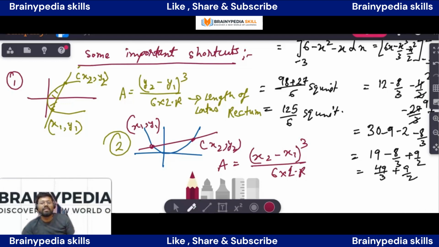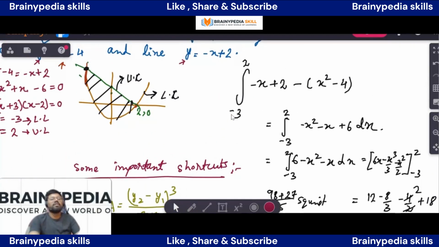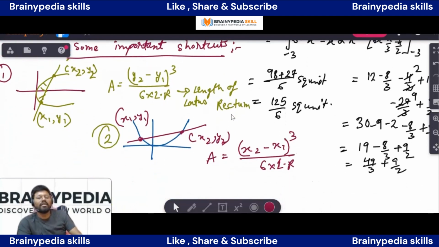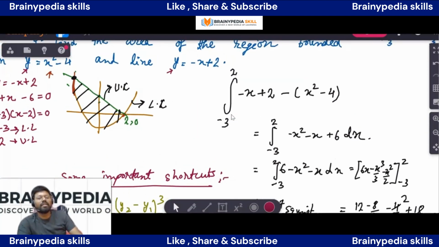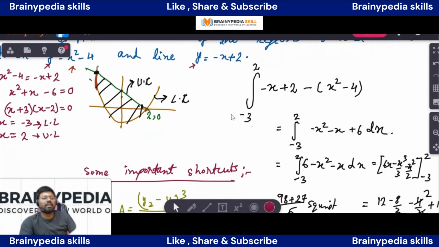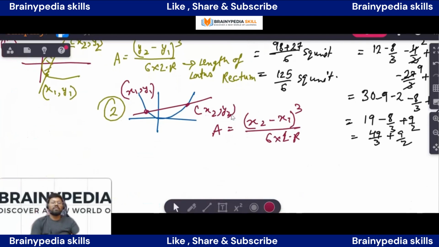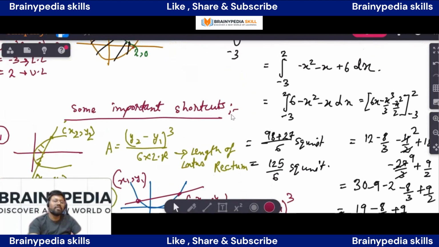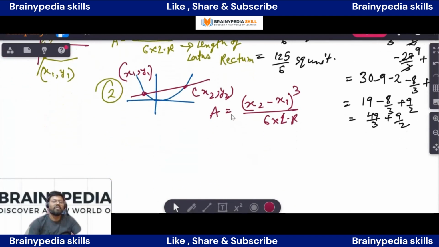So if you want to find this for the previous question by using this formula, these are the values of x only, right? So x2 minus x1 whole cube by 6 times latus rectum, okay. Now x2 minus x1 was what? x2 was 2 and x1 was minus 3, right?